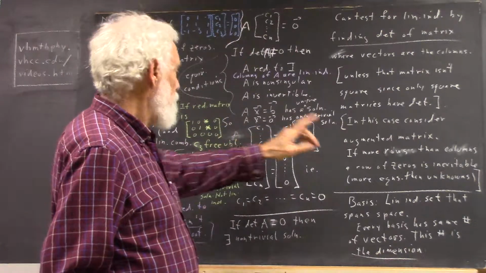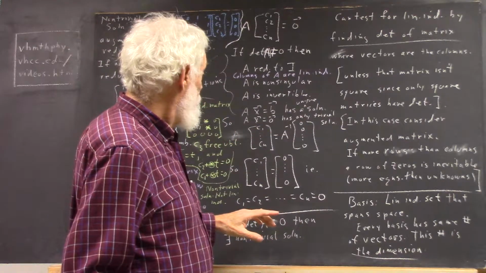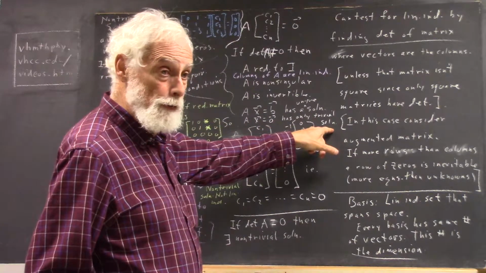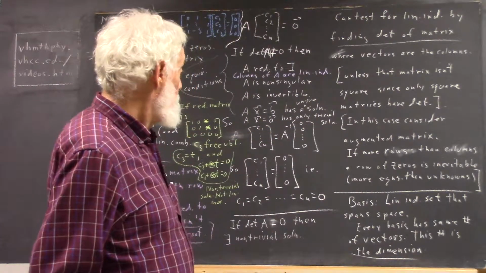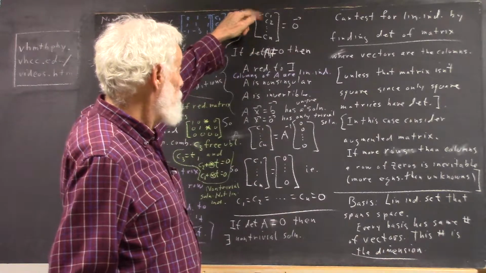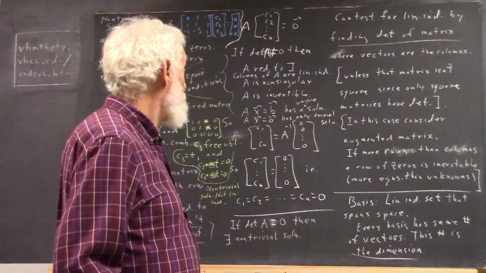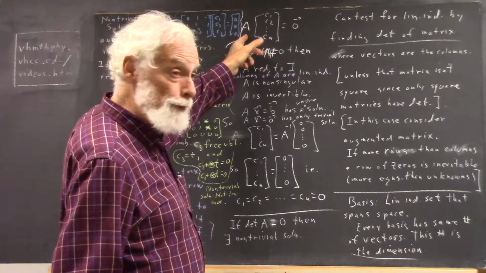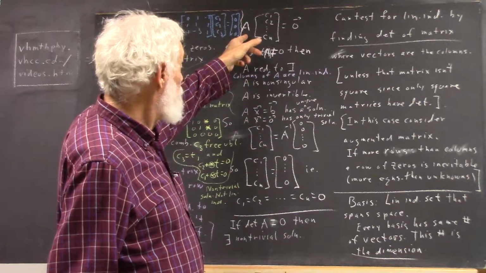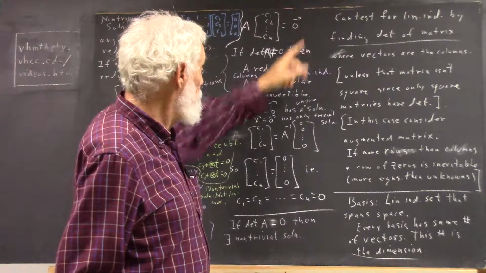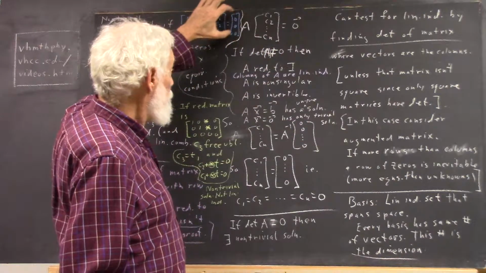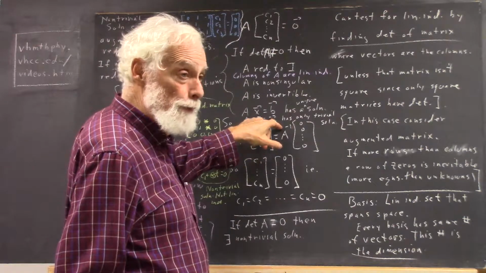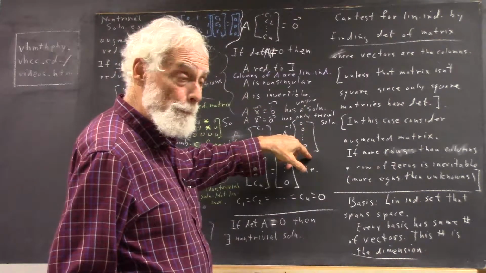Now, how do we establish that AX equals 0 has only the trivial solution? Well, the equation is A times this column equals a 0 vector. If determinant of A is non-zero, A is invertible. If A is invertible, then you take A inverse times both sides, and you get C1 through Cn equals A inverse times your 0 vector.